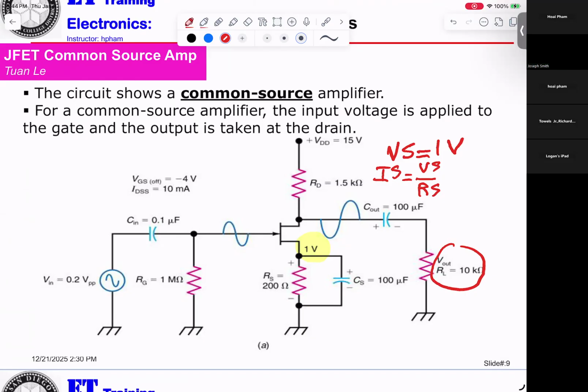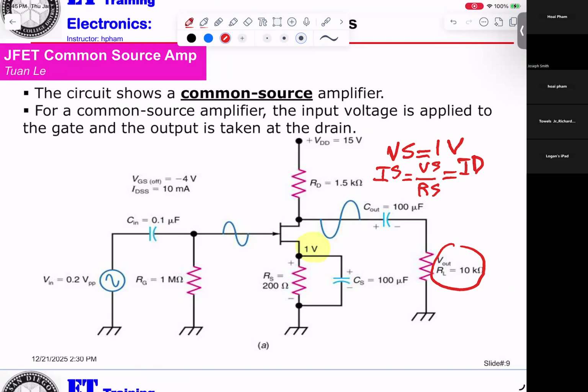And another thing you must know, for the JFET, all the time, IS and ID will be the same. If you know IS, you know ID. If you know ID, you know IS.